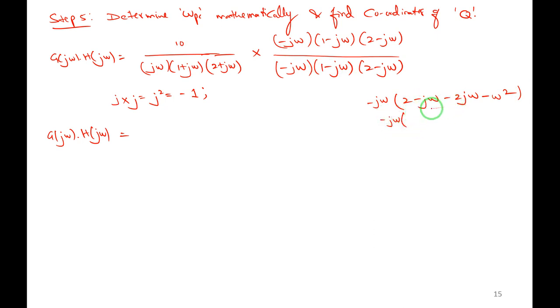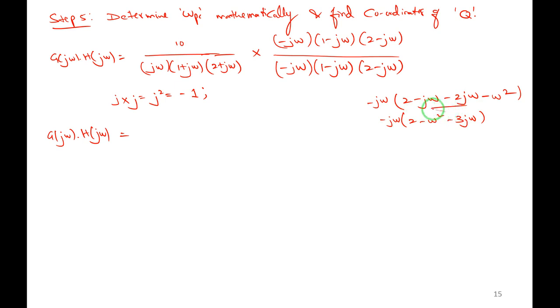Minus j omega minus 2j omega minus 3j omega, right? So let me write it. Real part separate: 2 minus omega square. Minus j omega minus 2j omega minus 3j omega. Real part, imaginary part. But I have to multiply once again with this one. Let me multiply. I hope it is correct.